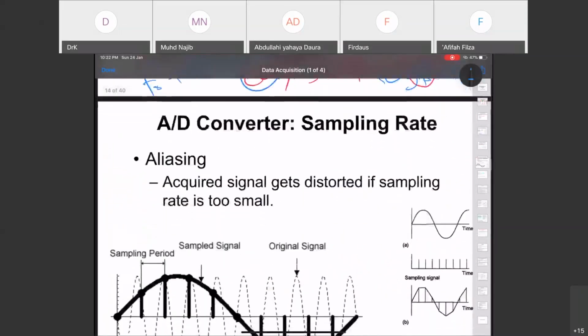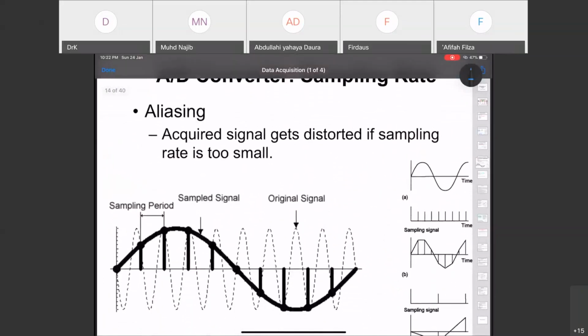Okay, sampling rate, aliasing. This is not very important. Basically, aliasing is some kind of effect that you may receive if you are sampling at the wrong frequency. As long as you know the maximum frequency of that information, and you double the maximum frequency for the acquisition, then you are good.